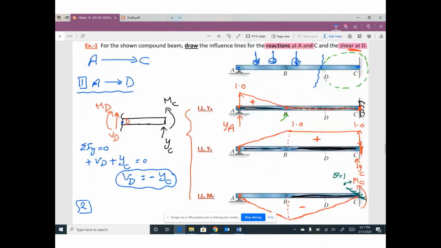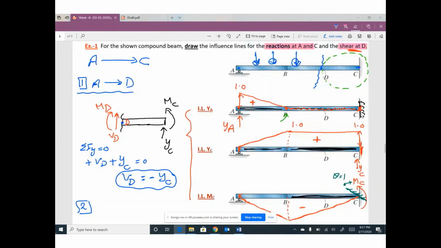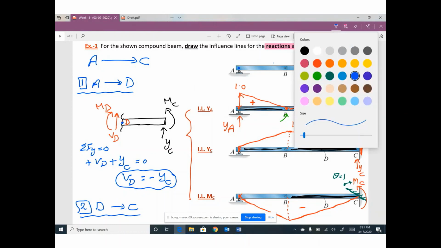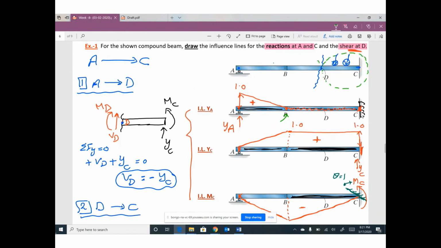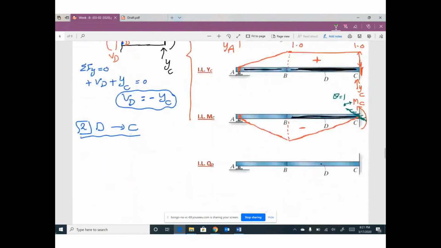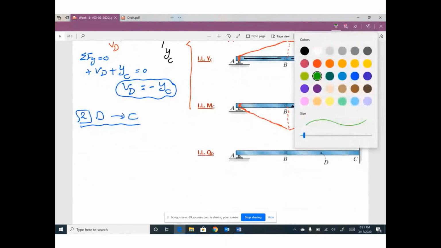Your second trip, your unit load is moving at this location or this location from D to C. Then I will do my cut and I will work with the left part. Your left part free body diagram looks something like this.